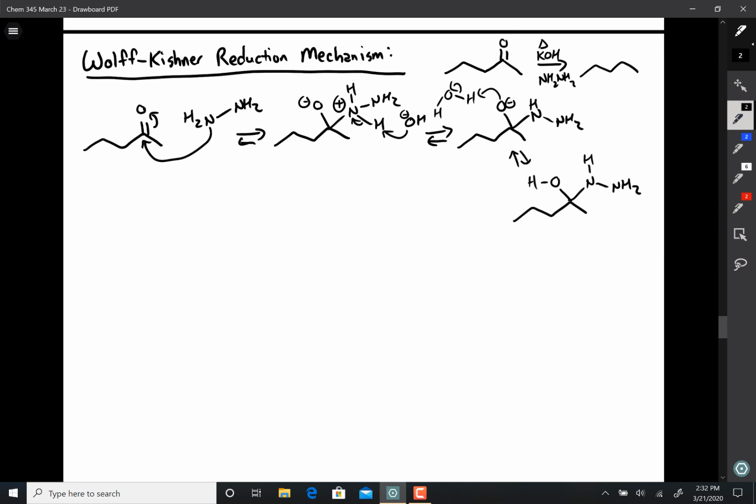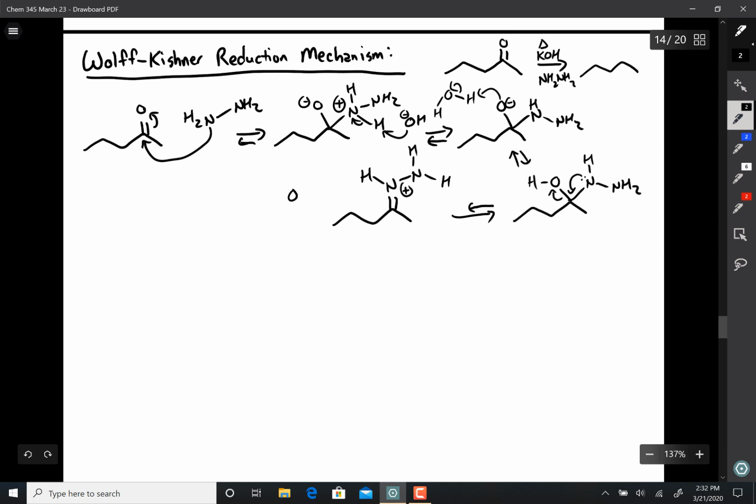Okay, now you're in strongly basic conditions. The next step is a slow step, but you use the nitrogen's lone pair to kick off the neutral oxygen. It's not the most favorable process because hydroxide is not the best of leaving groups to be kicked off by a neutral nitrogen.